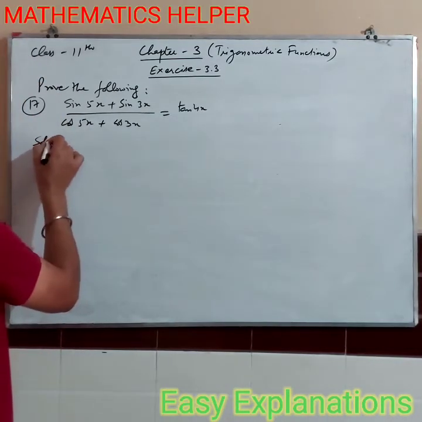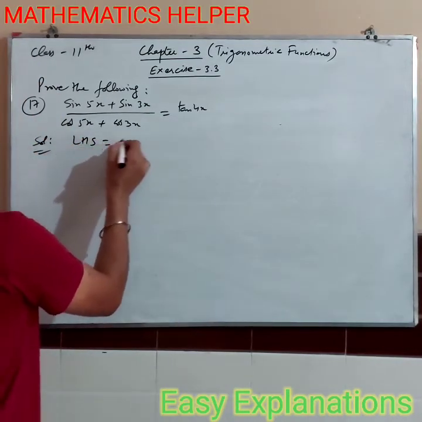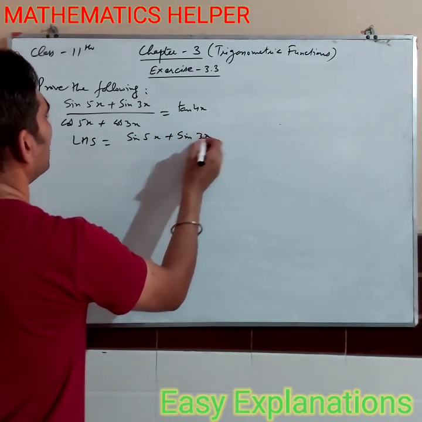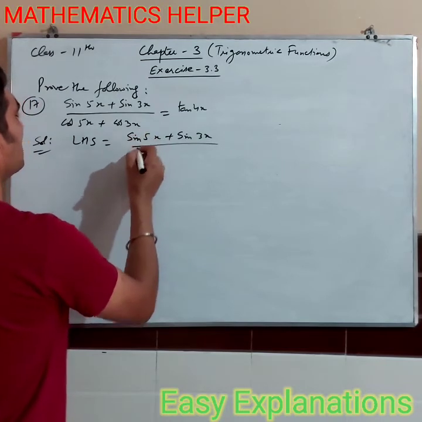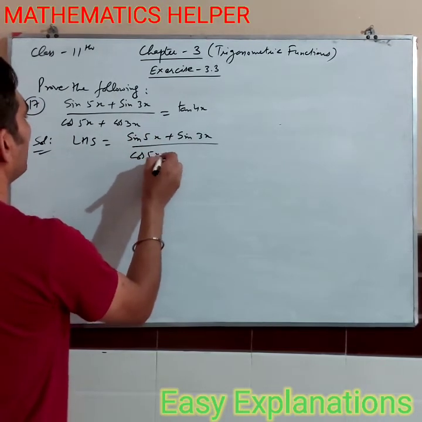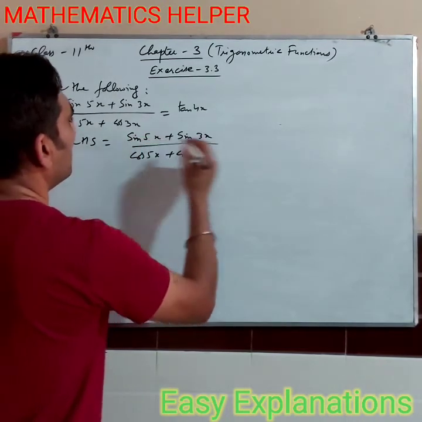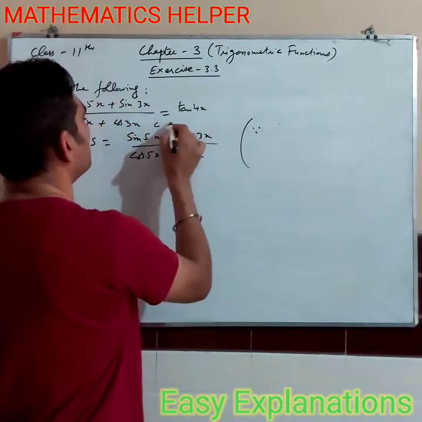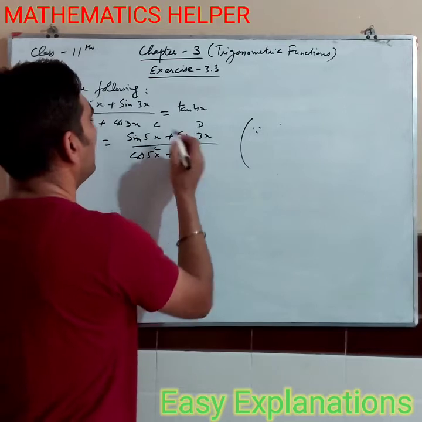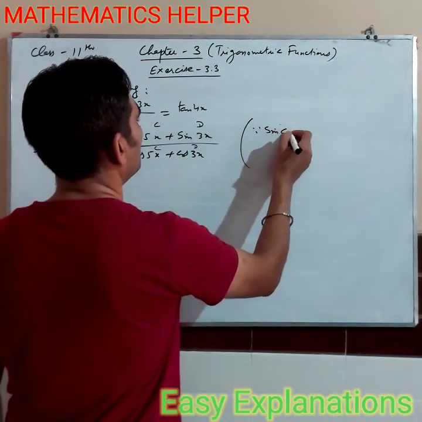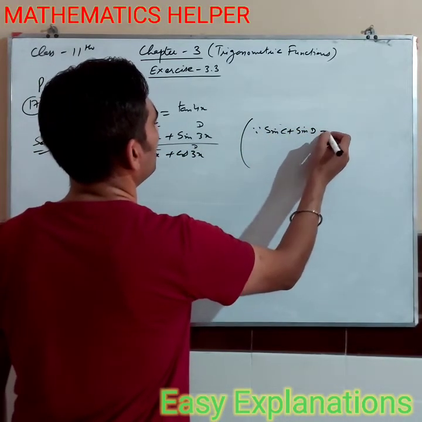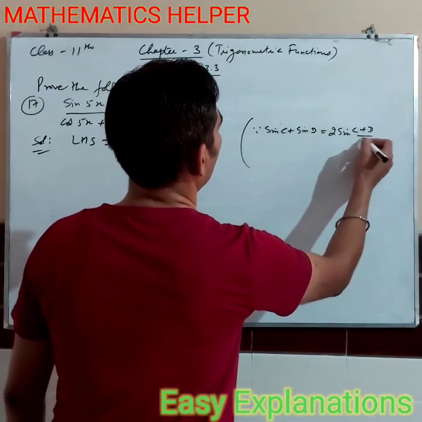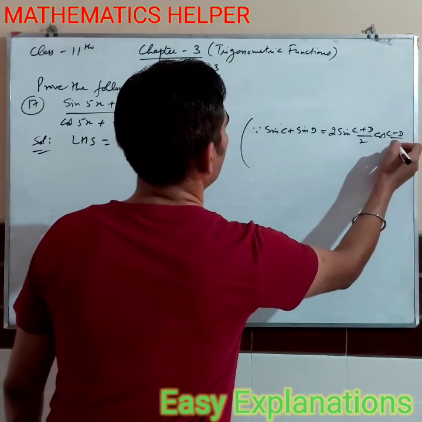Let's start by writing the same left hand side of the equality: sin 5x plus sin 3x over cos 5x plus cos 3x. First, if we compare the numerator, you have a formula like this. If we use them as C and D here, it is like sin C plus sin D, which is, yes, try to remember, 2 sin (C plus D) over 2 cos (C minus D) over 2.